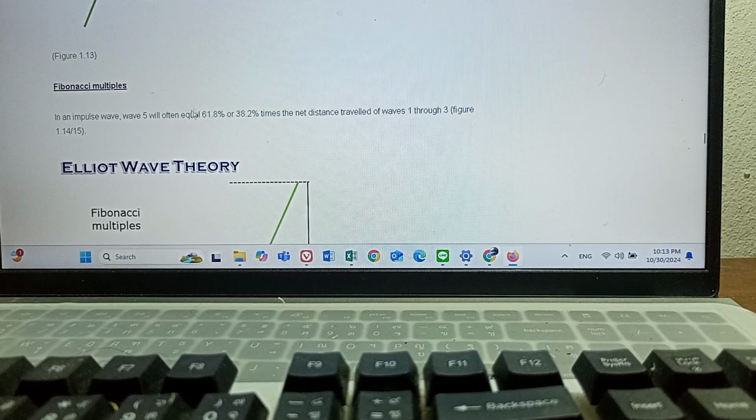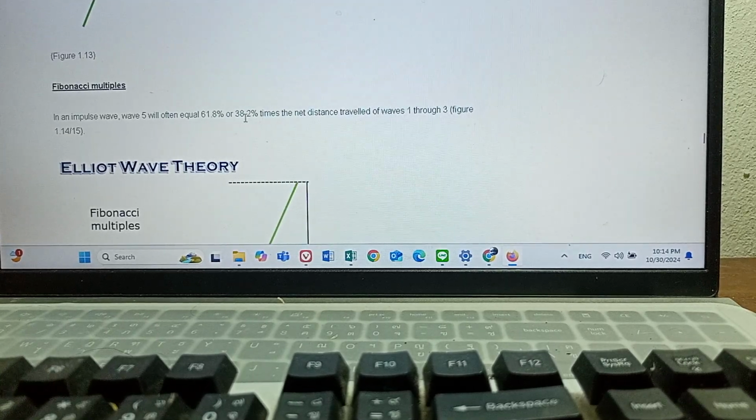Waves are often equal to 61.8 or 38.2% times the net resistance travel of wave 1 through wave 3.